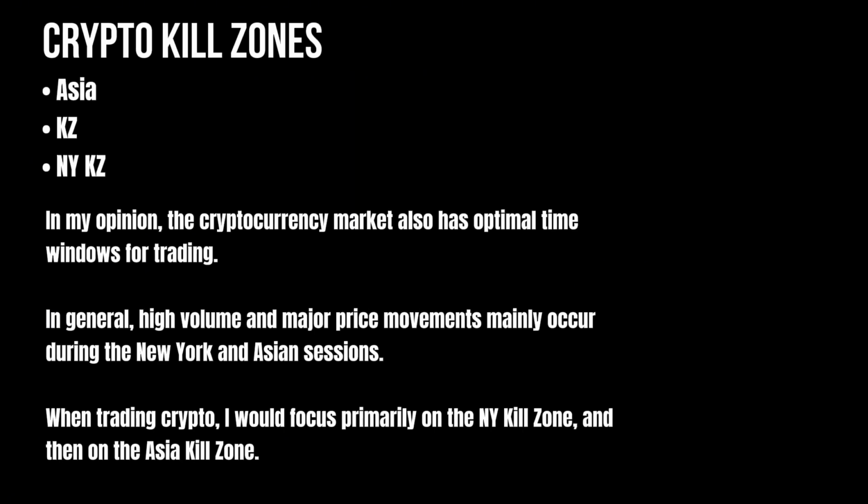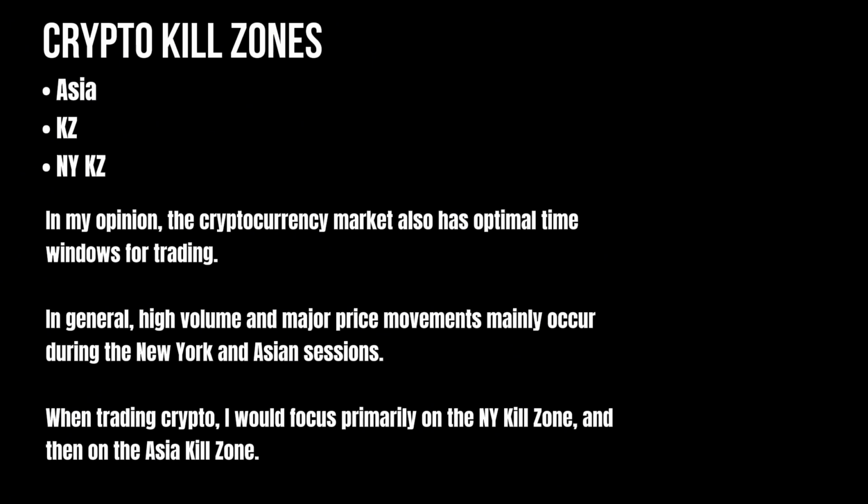Cryptocurrency kill zones. The cryptocurrency market, in my opinion, also has an optimal time interval for trading. Basically, high volumes as well as major movements take place in the New York and Asian sessions. When trading cryptocurrencies, I would focus only on the New York Kill Zone and the Asian session. But this is just a theory and my observation.